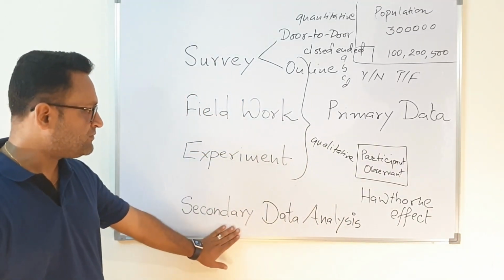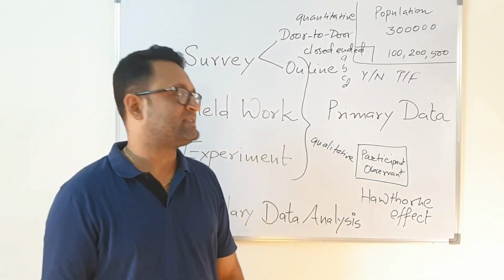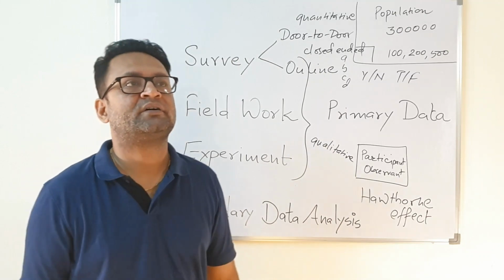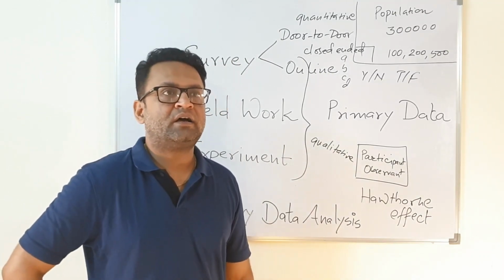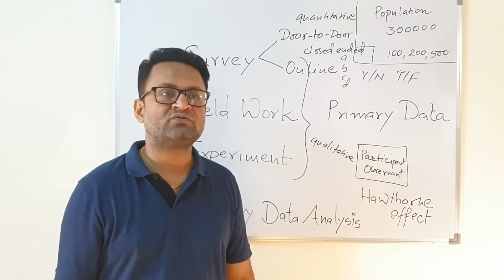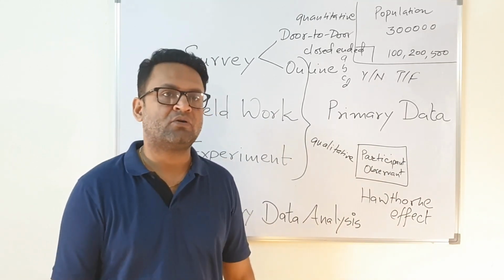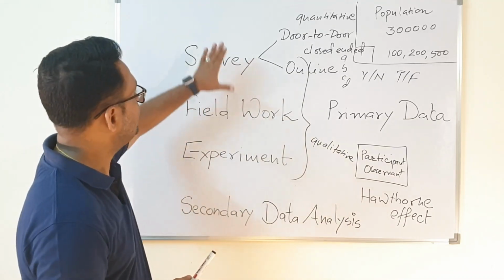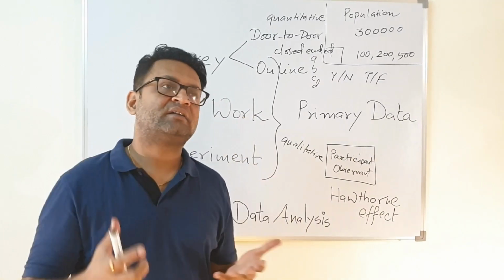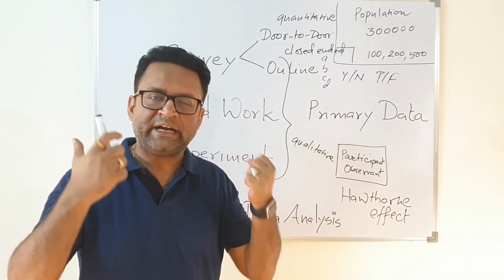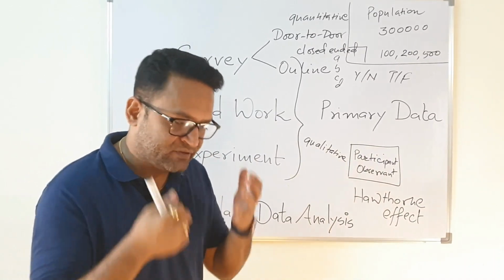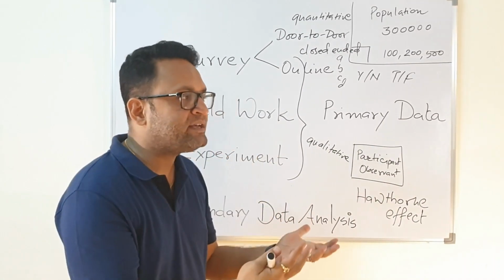Last, this is what we call secondary data analysis. Now this is different from primary data analysis, and this is something which also needs to be understood. There is a lot of data available with government agencies, with NGOs, with certain kinds of private concerns and so on, and we may not directly need to go to people and collect the data, because a lot of data is available, lying unused.